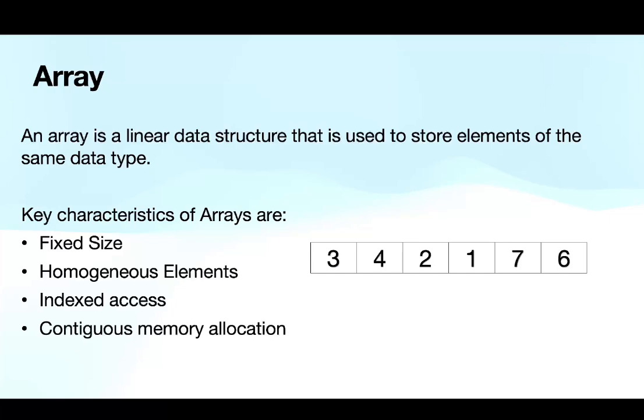They have homogeneous elements, meaning they're of the same type, and they use index access, meaning we use indexes, like where the number is, to access them. And they have contiguous memory allocation, meaning that they are stored next to each other in memory.